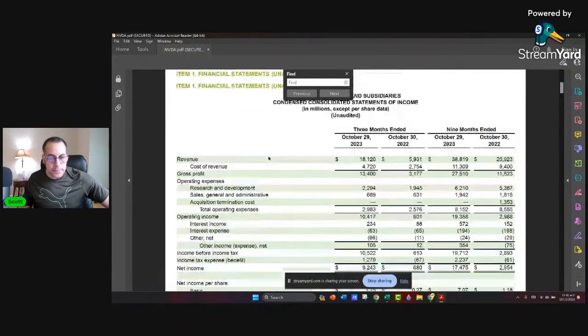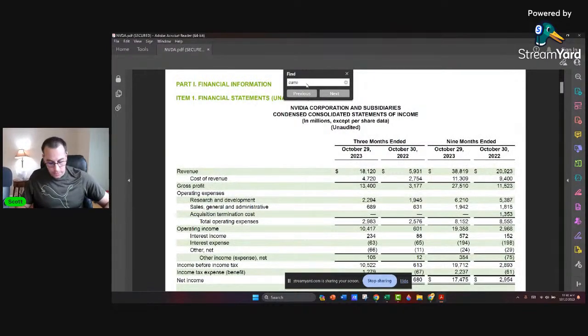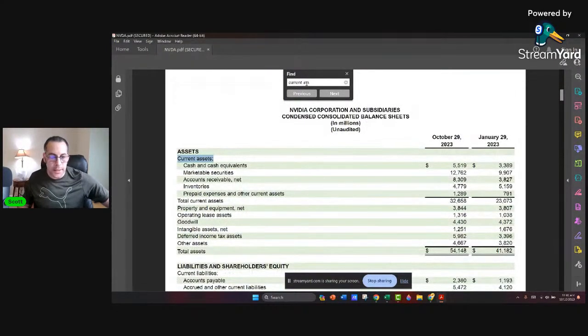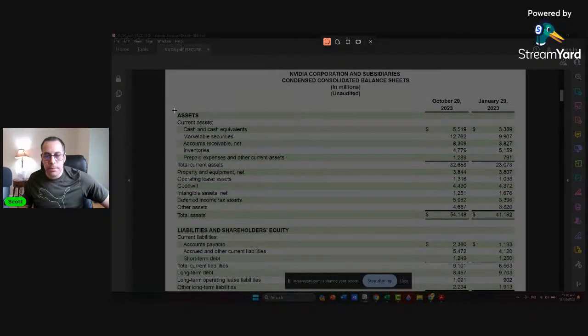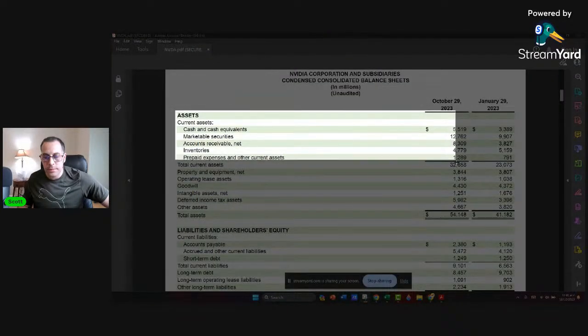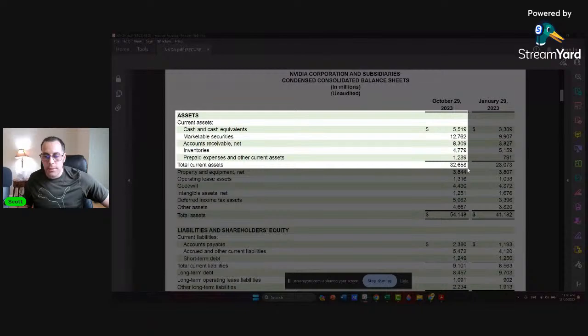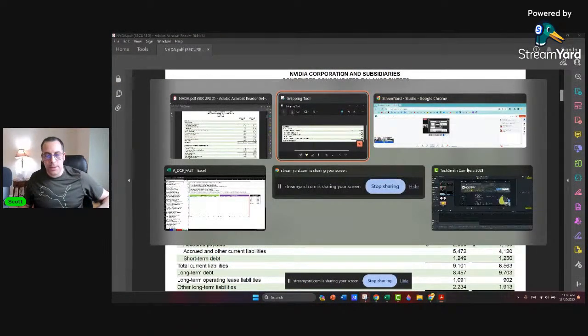But anyways, in this case, it works out because that's what we're looking for. It does change over time. It's really user-friendly. They give it to you.